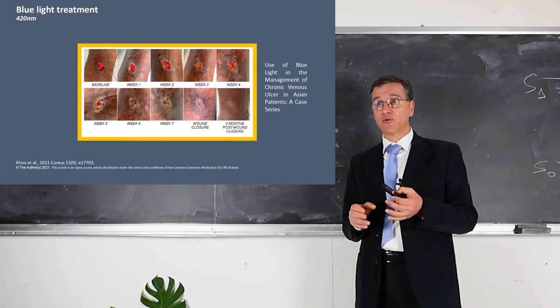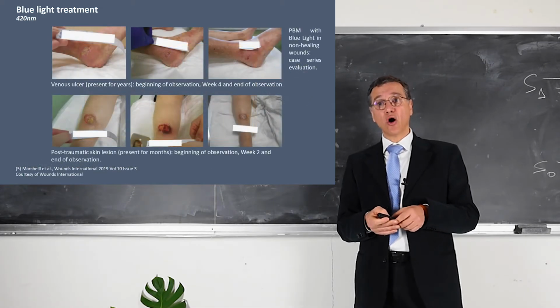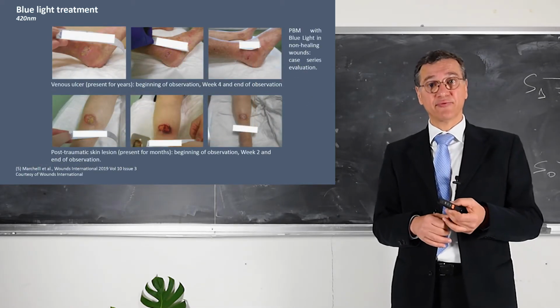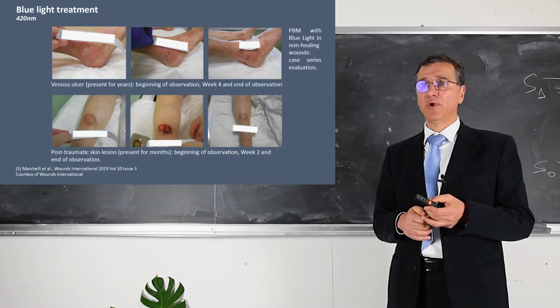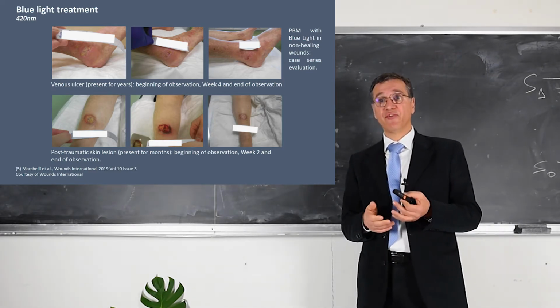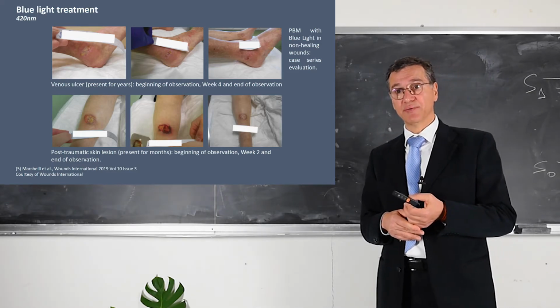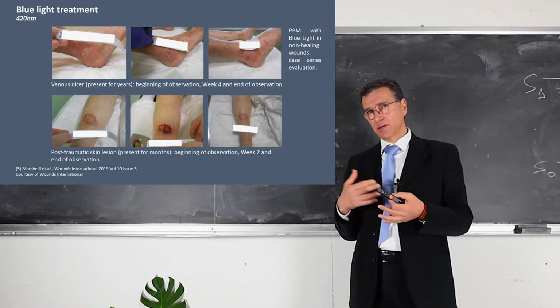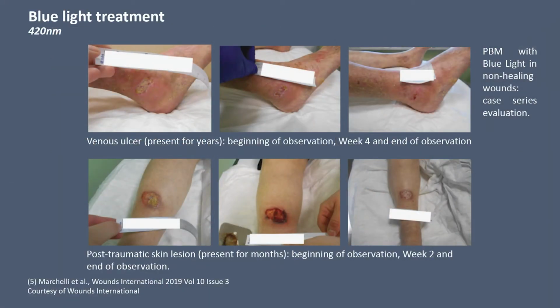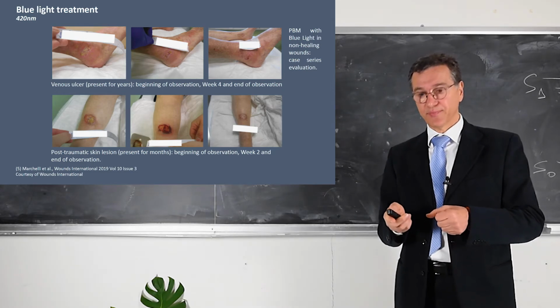This is a chronic venous ulcer. And always using blue light at 420 nanometer, we observe a good healing process also on venous ulcers and on post-traumatic skin lesions, which were chronic, were not healing, so we unblock the healing process, and after 2-3 weeks, up to 4 weeks, we observe the complete healing process.